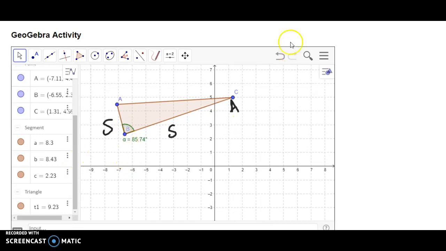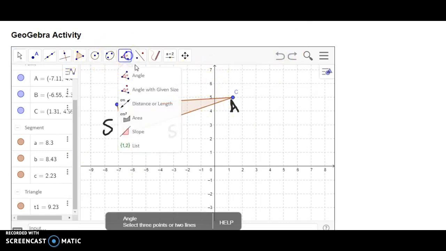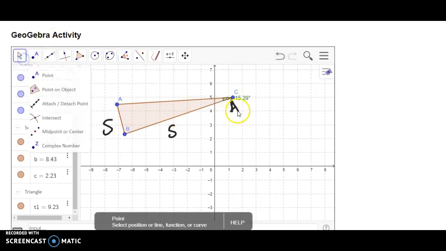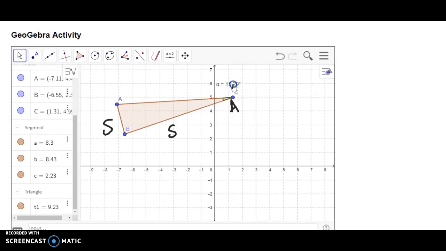And, oops, I'm sorry, I actually did the wrong angle. Let's do the angle up here, like I said. Alright, so I'm going to measure this way, not that way, this way. Alright, and we'll move that. So 15.29, that needs to stay the whole time. This side length needs to stay the same. This side length needs to stay the same.